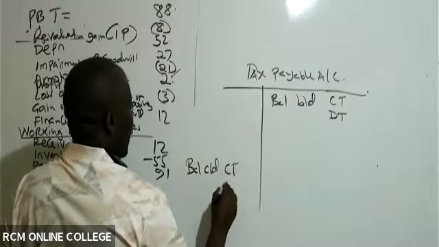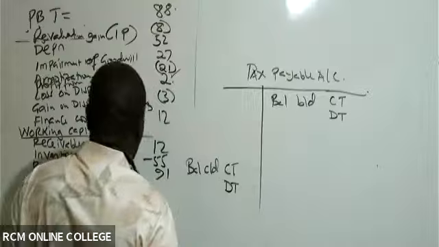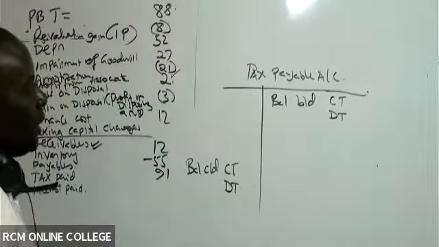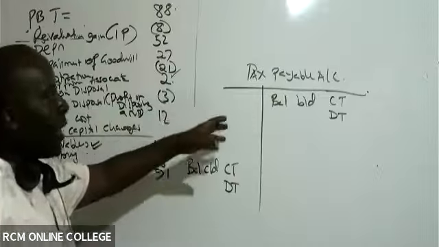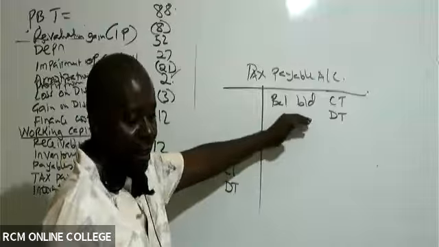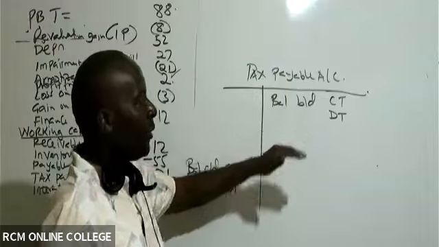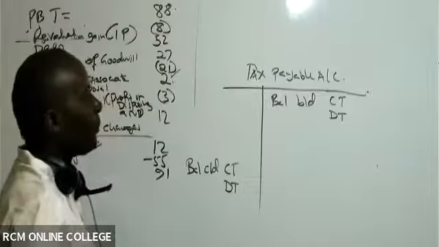So current tax, deferred tax. CT stands for current tax. Very easy. Remember, tax payable is a liability account, so we bring down on the credit side.